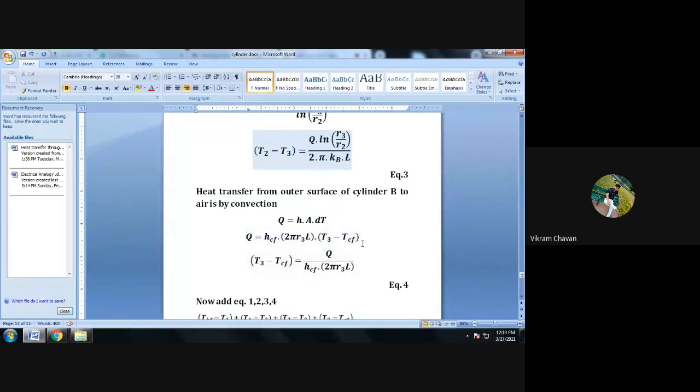Now we get 4 different equations for the temperature differences.